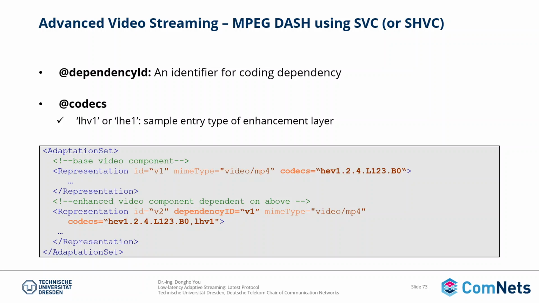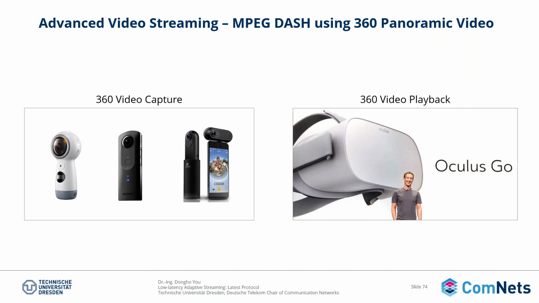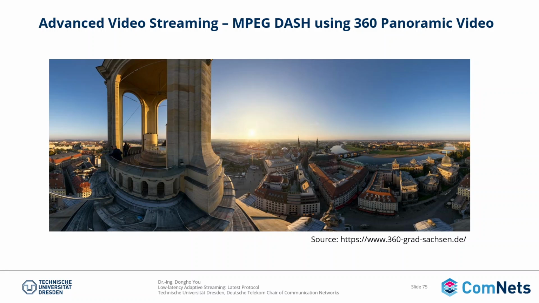So far we learned about SHVC and how to use SHVC in WebRTC and in MPEG-DASH. And now finally, let me introduce how to stream 360 panoramic video with low latency. Nowadays, there are many devices for 360 video, such as 360 video cameras and head-mounted displays.